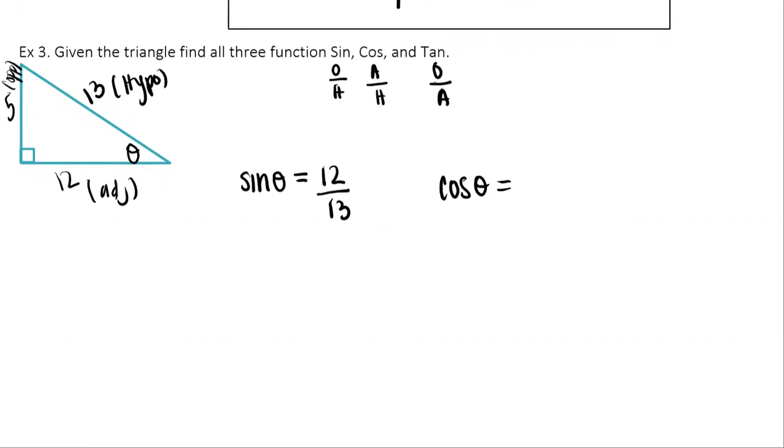Cosine of theta is going to be equal to 5 over 13. And then tangent of theta is going to be equal to 12 over 5. And those would be my answers.